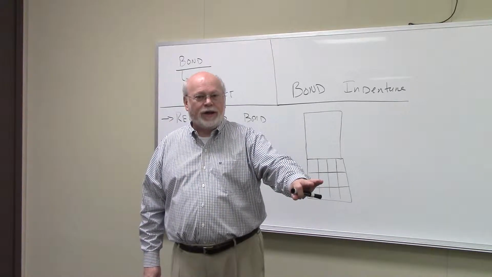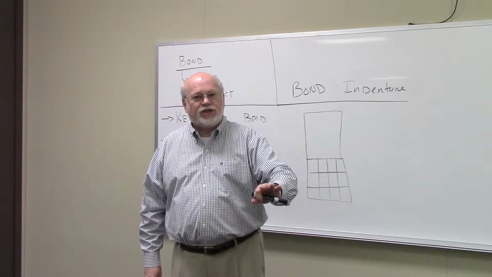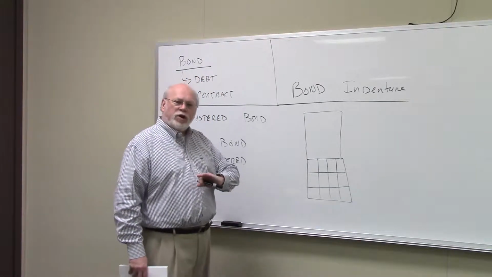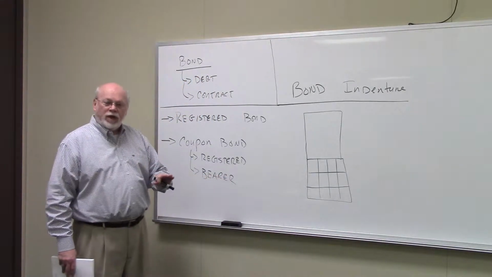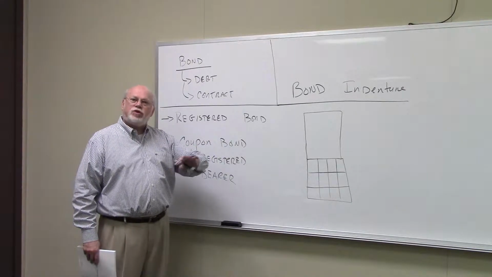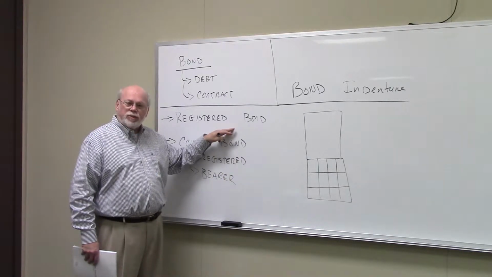They'll mail you the money. In today's world, they don't usually mail checks. It's electronic. But again, with a registered bond, they're going to send you money that they owe you. Technically, it's not the company that sends you the money, but the trustee of the bond, and we'll talk about it a little later. But that's a registered bond.